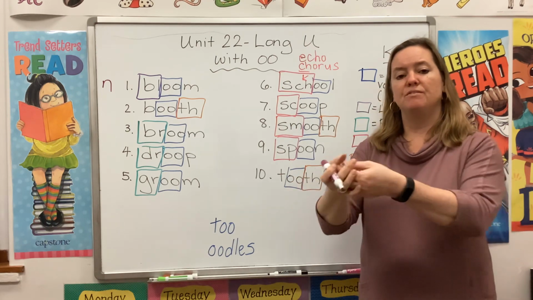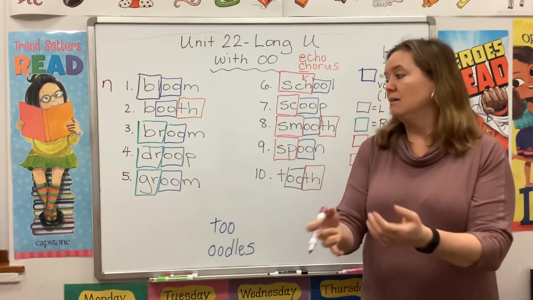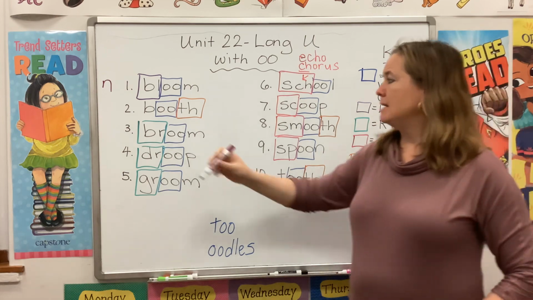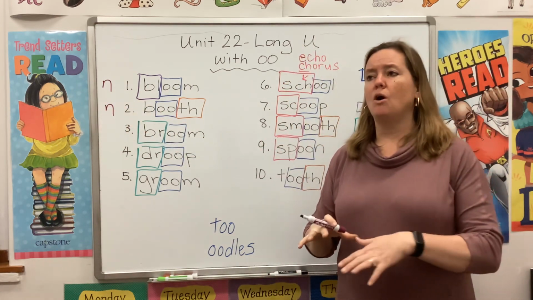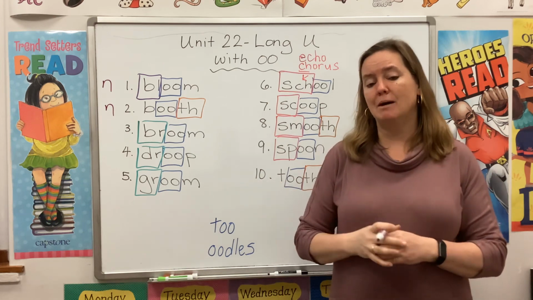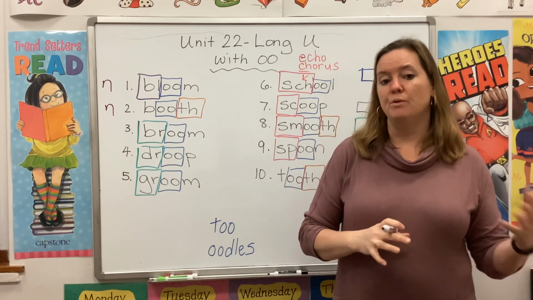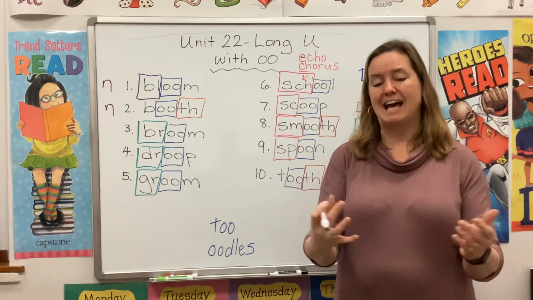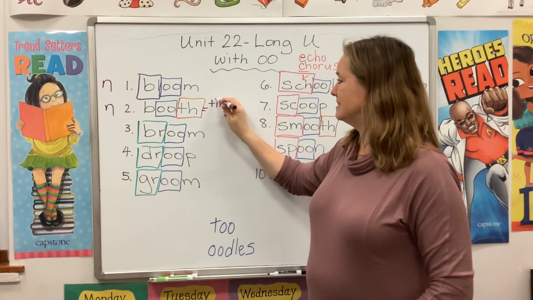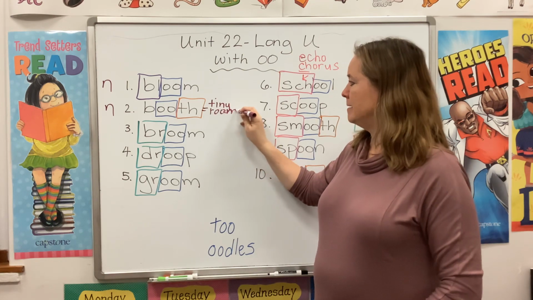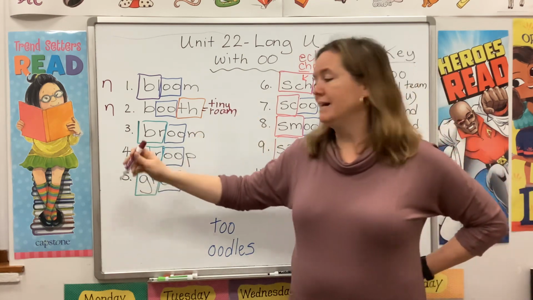She brought me a beautiful bloom, a beautiful flower. A booth is a noun, right? If you're going to the fair, you might have to pick up tickets at the ticket booth first. So a booth is like a tiny room or a stand. Okay?